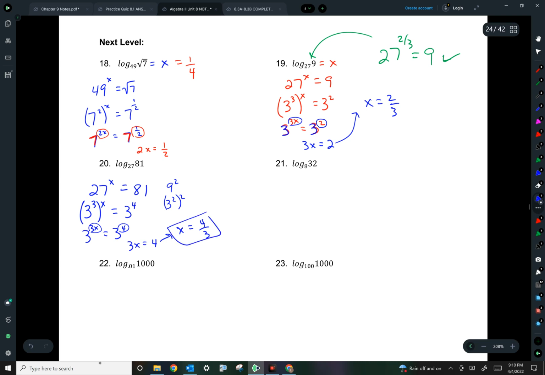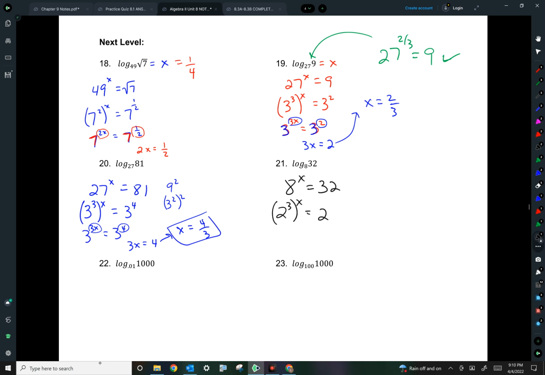Okay, let's try another one. So 8 to some power equals 32. I know 8 is 2 cubed, so 2 to the 3rd, and that 8 is being raised to the x. Can I write 32 as a base of 2? This actually came up on a previous homework.